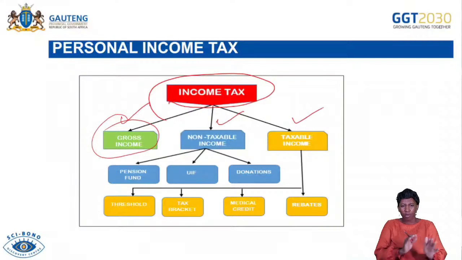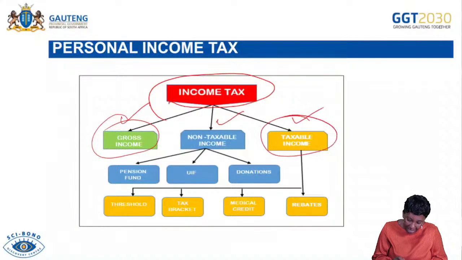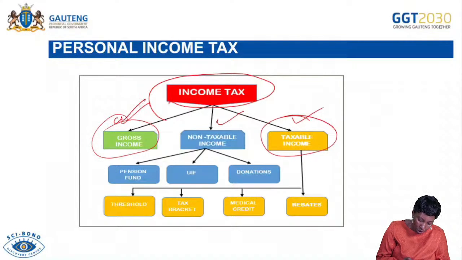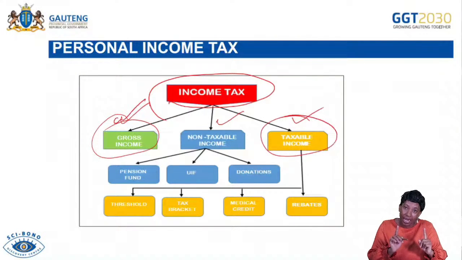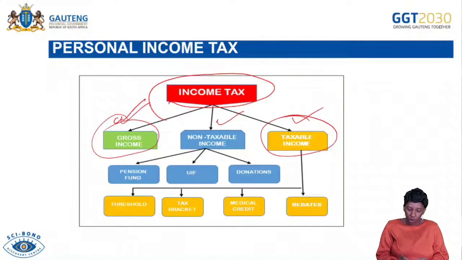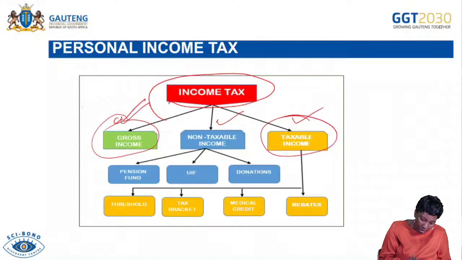The home loan, I'm not talking about that. The vehicle finance, those deductions, I'm not talking about those deductions. But the main focus for me to be able to calculate my taxable income, I have to have my gross salary. And this gross salary, remember, it should be in what? An annual one. My gross salary has to be an annual salary.